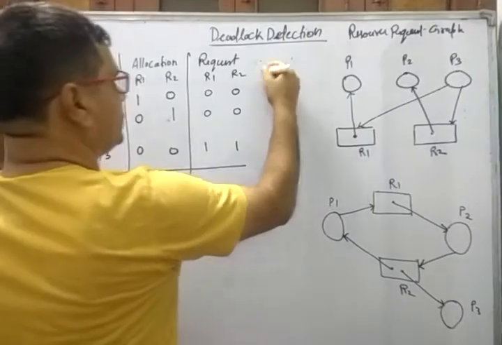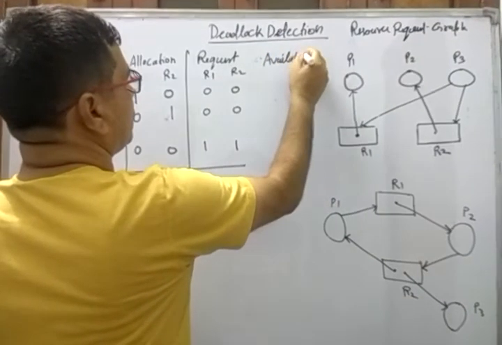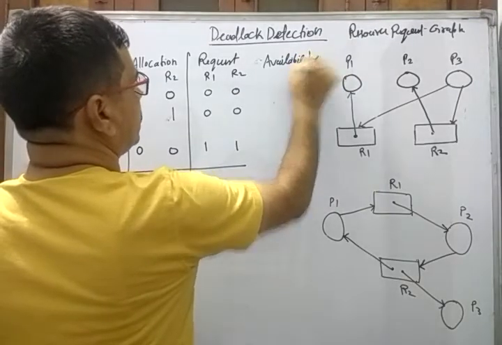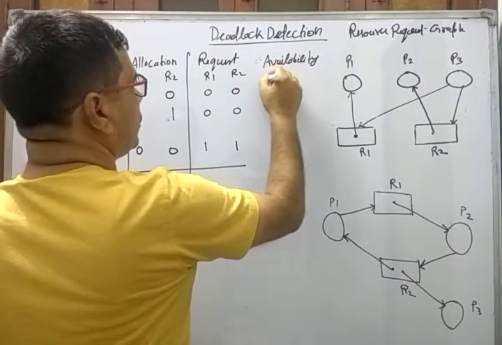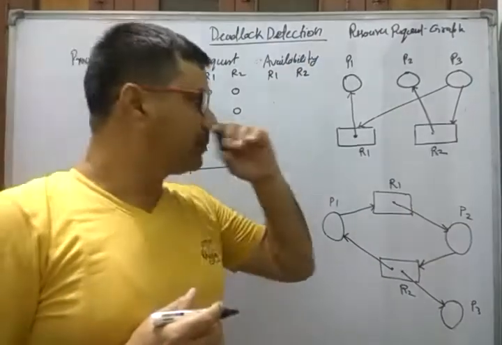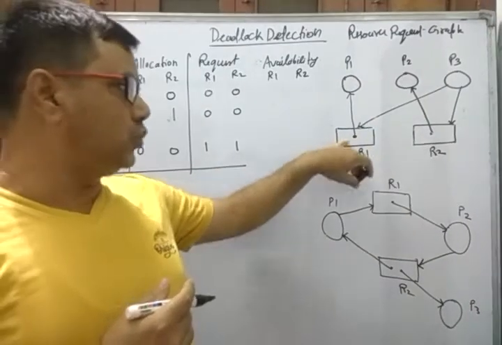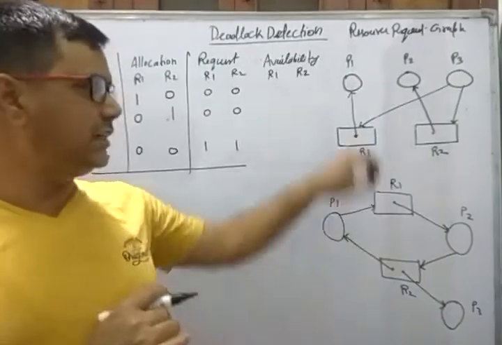What is availability? Availability for R1 and R2. Look here, resource R1 has a single instance.